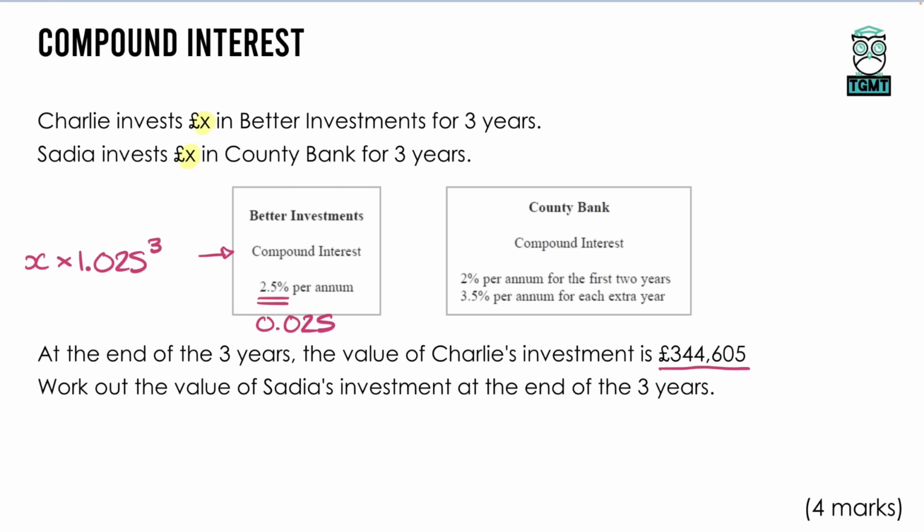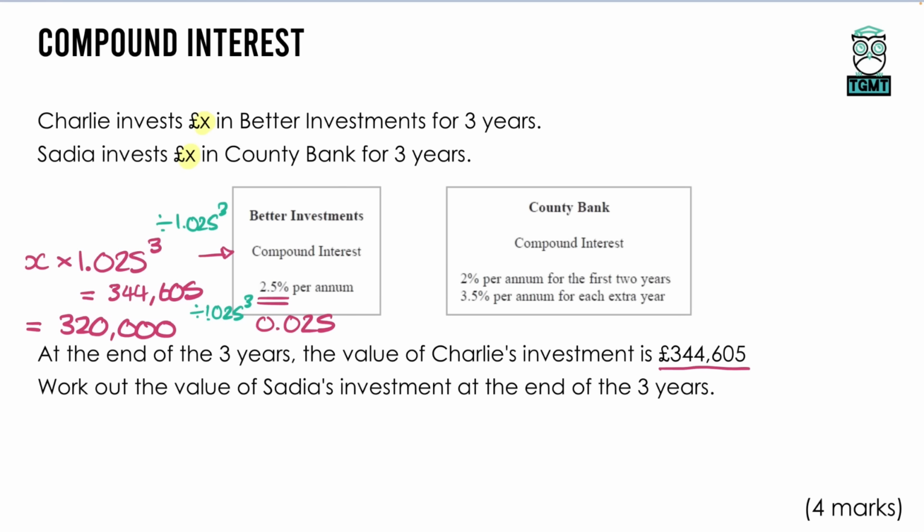And as a result, we got the answer 344,605. So to figure out what that starting amount was, we just need to divide both sides by 1.025 cubed, and we'll divide this answer here by 1.025 cubed. There we go, that's going to tell us his starting amount. So let's type that in, 344,605 divided by 1.025 cubed, and that comes out as a starting amount, 320,000.